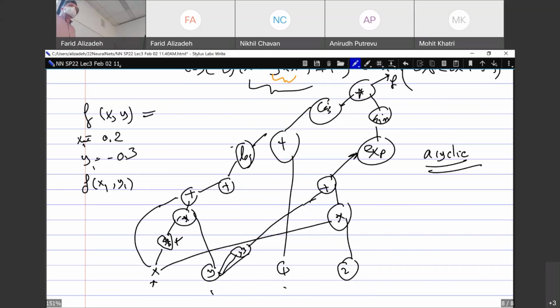Okay. So now you can smell something here. There are parts of these graphs that are sequential. That is, a node cannot be computed unless its predecessors have been computed, unless the nodes that send arrows to it are already evaluated. So if you take a longest path, that is kind of like the bottleneck.